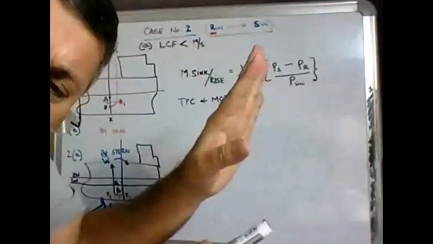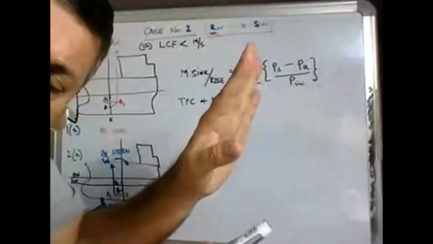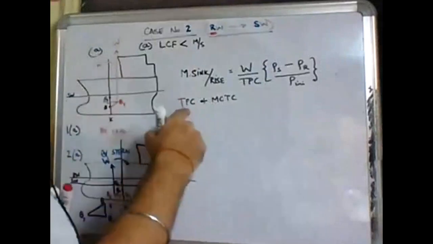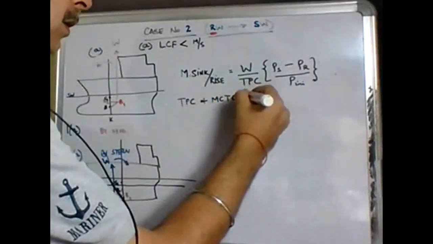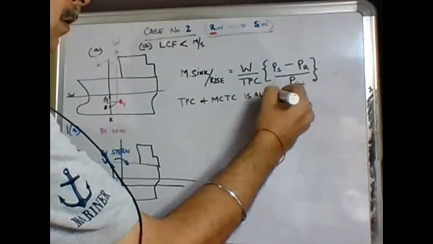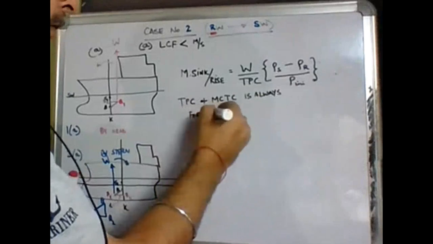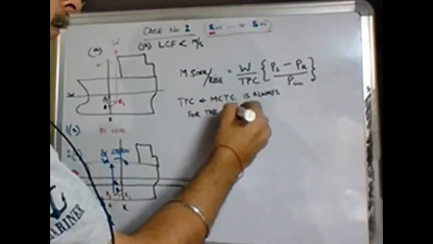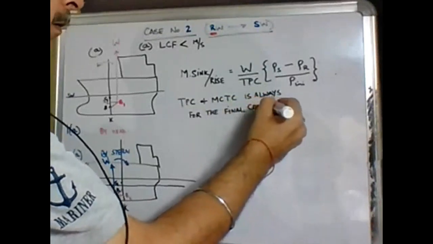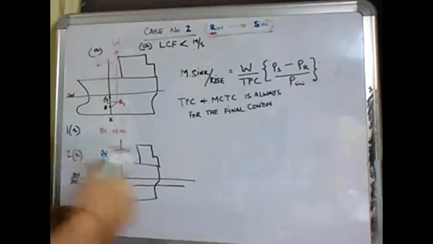Do you all agree on this? Yes sir, because TPC changed. So TPC and MCTC is always for the final condition. So please remember this.